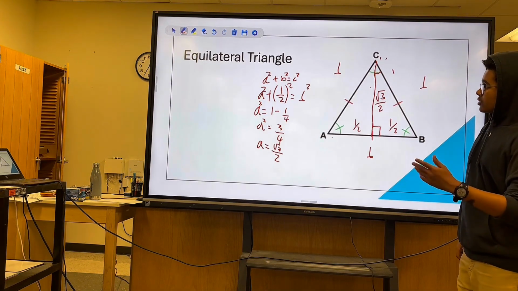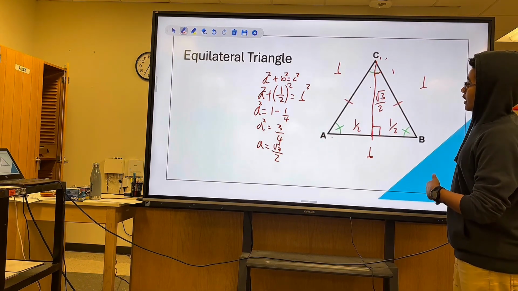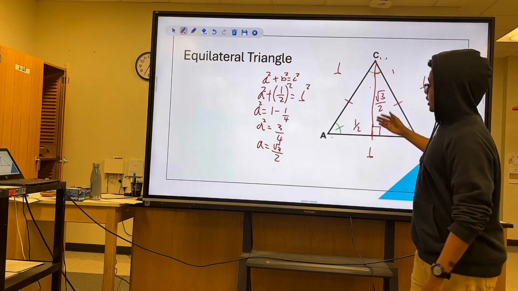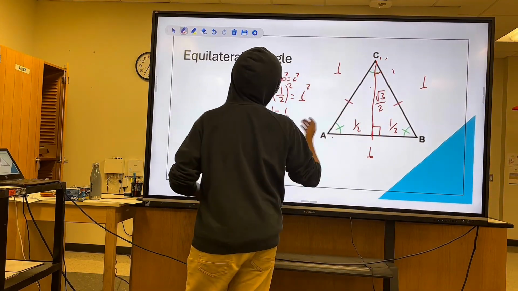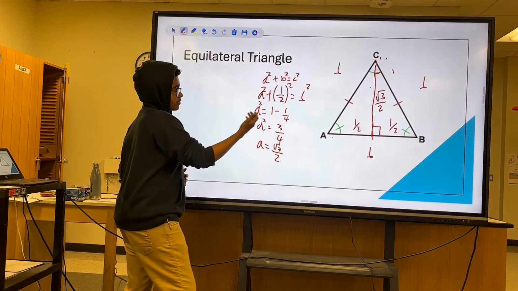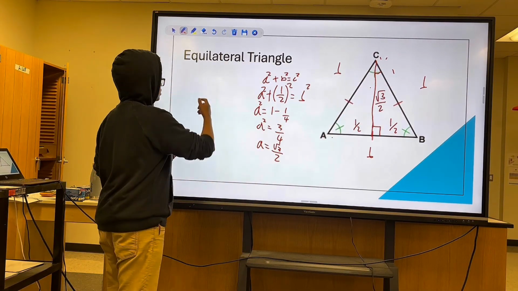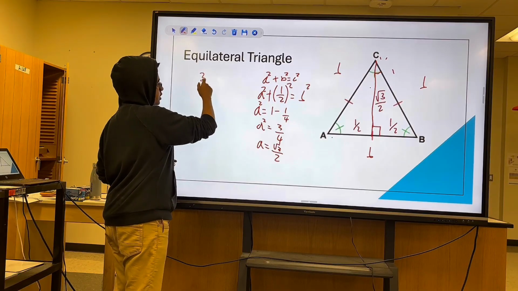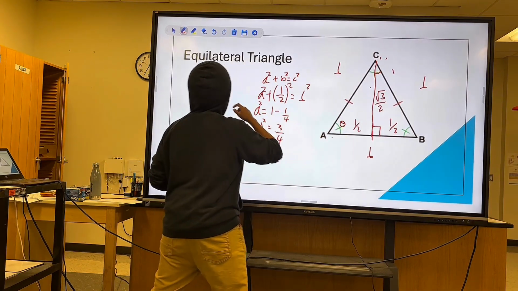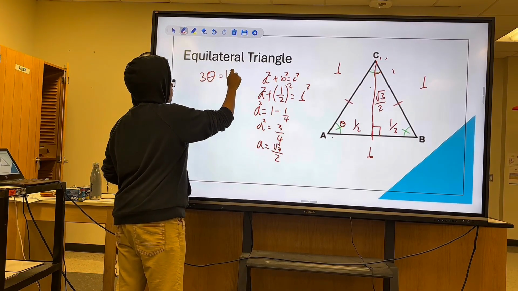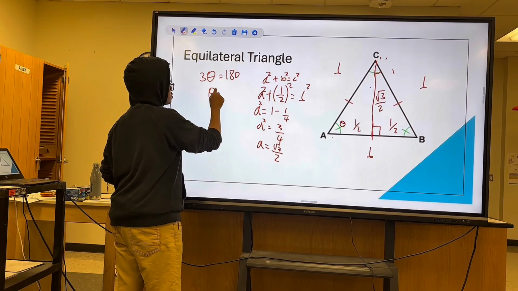So when we discussed the equilateral triangle, I stated that it's equiangular, meaning all the angles add up to 180 and all the angles are equal. So you have side lengths A plus B plus C, but if all of them are similar, then we can just say they're 3 times angle theta, which equals 180, and theta is just going to be 60 degrees.